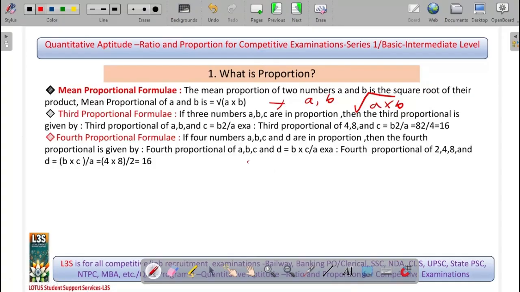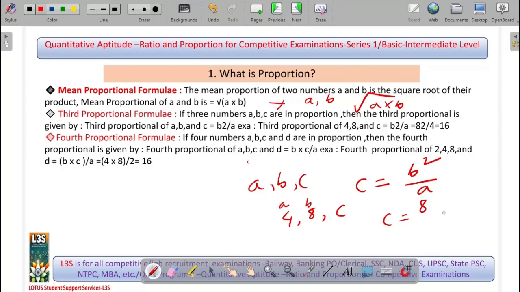Then another important thing, third proportional formula. If three numbers A, B, C are in proportion, and we don't know the value of C but we know the values of A and B, then C will be equal to B square by A. For example, if the numbers are 4, B and C, with B equal to 8, C will be B square by A. So 8 square by 4.